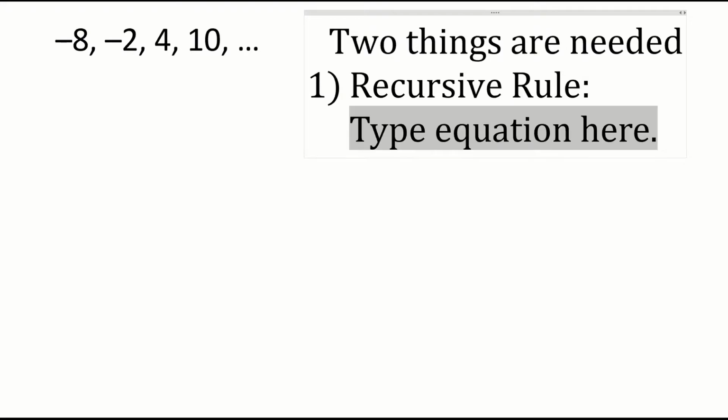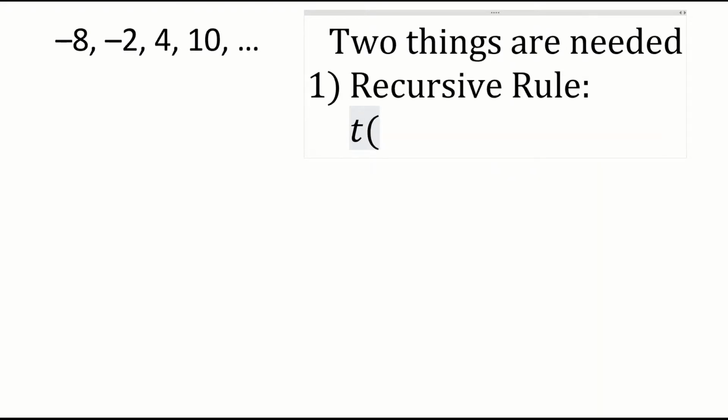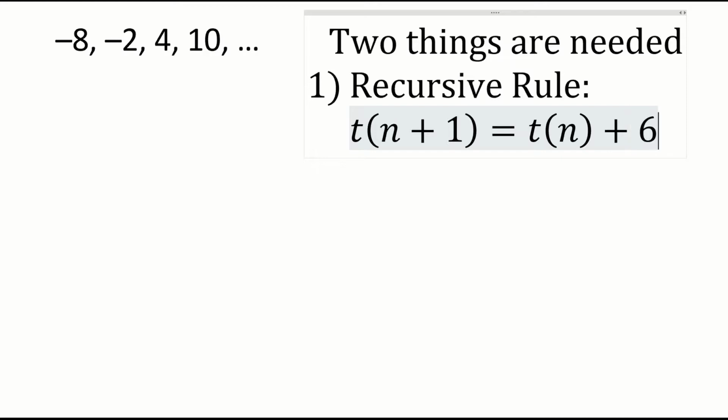Here, the recursive rule would be, in order to get to the next value in the sequence, t of n plus 1, the next value in the sequence equals the value that we're currently at, which is t of n, plus the common difference, 6. Fabulous, but that's not enough.